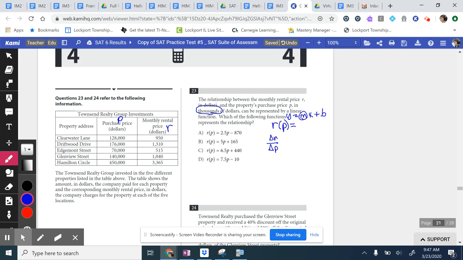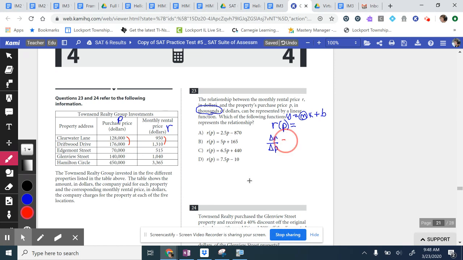But it looks like each one of these is unique in its slope. So I feel if I can figure out the slope, then I should be golden. It'll lead me right to the correct linear relationship here. You can choose whichever pair you'd like. I think I would just use these first 2 to get my slope.